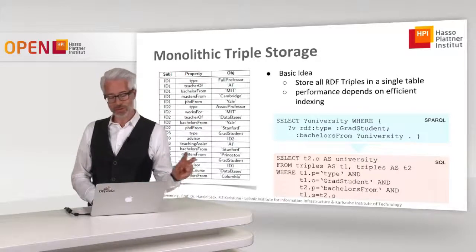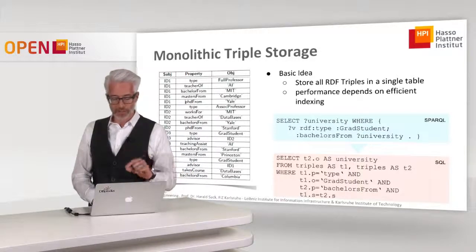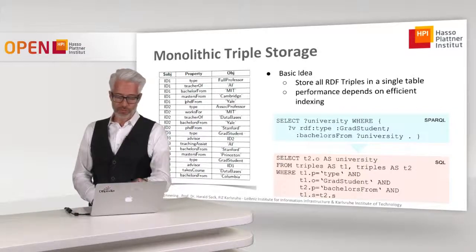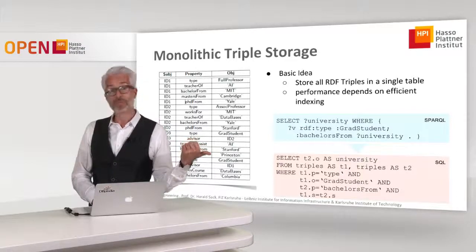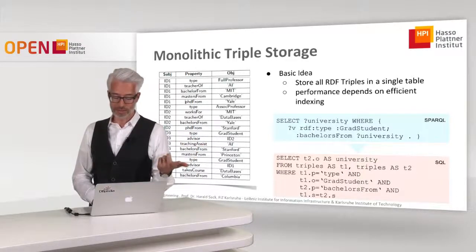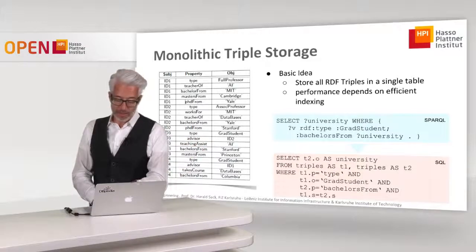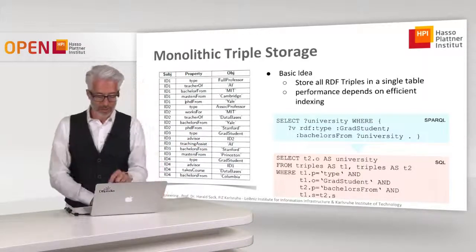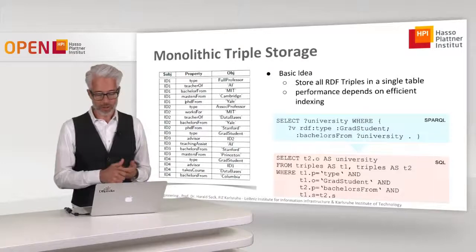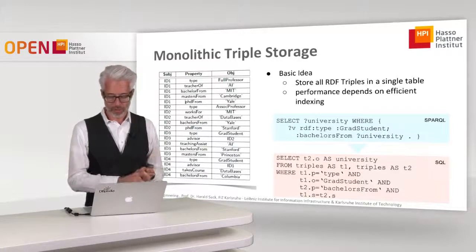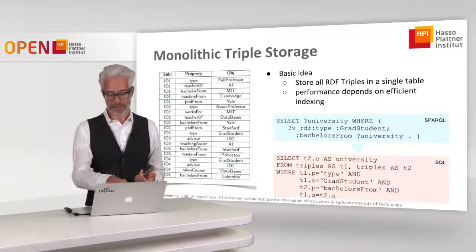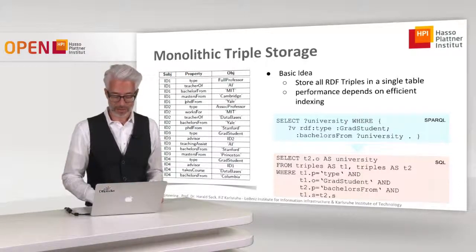What you see here is that it translates into a join. We have again in red here the select query, and the from clause joins the table with itself. First we have the triples table used as T1 and the triples table as T2. Then let's see how we combine it. First we say from T1, let's take property P should be type and the O should be grad student. This is from the first graph pattern that you see here.